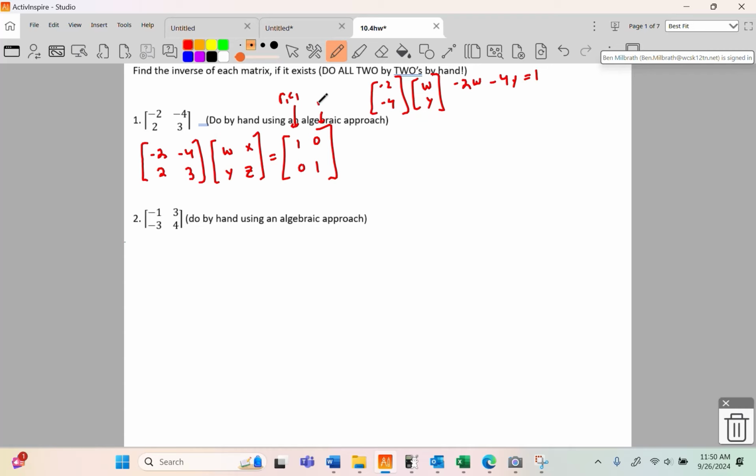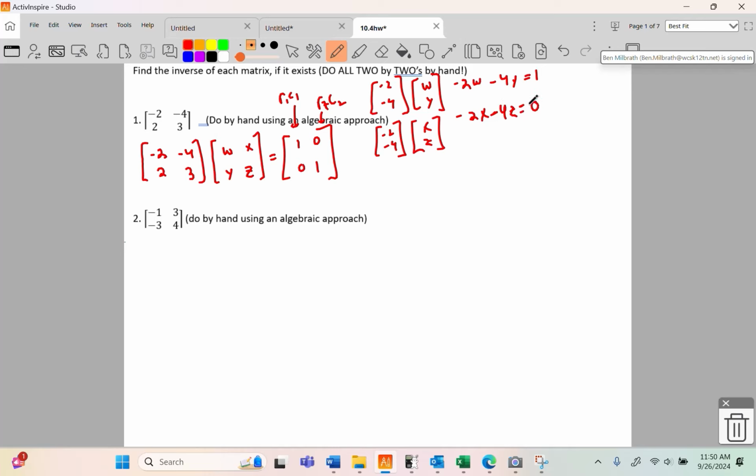This guy is in row 1, column 2. So I'm still taking -2, -4, and I'm going to multiply it by column 2, X, Z, and I would get -2X minus 4Z, and in this case it's equal to that 0.